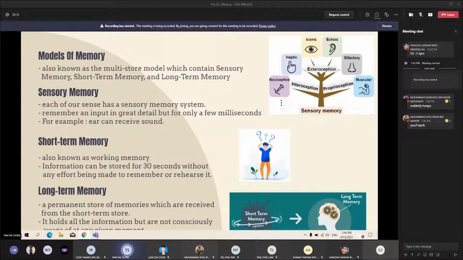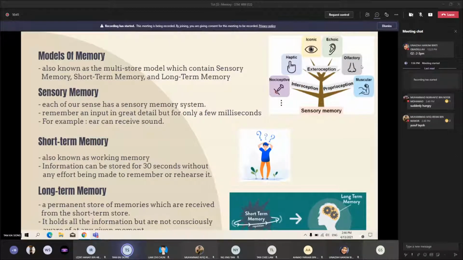Second is the short-term memory, also known as the working memory. Information can be stored for 30 seconds without any effort being made to remember and rehearse it. And the last one is long-term memory. It is a permanent store of memories which are received from the short-term store, and it holds all the information that we are not consciously aware of at any given time.